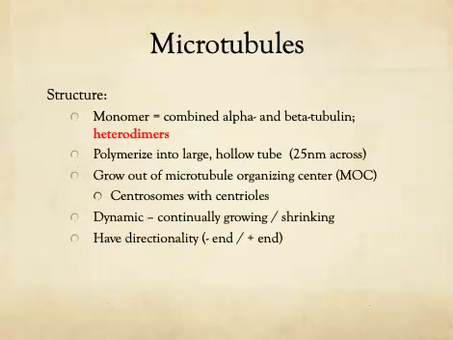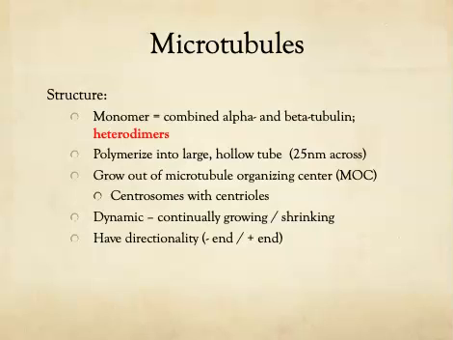Microtubules, as the name suggests, are actually tubes, hollow tubes, and they are made out of a repeating subunit called a heterodimer. Now remember, a dimer is simply a molecule that's made out of two subunit molecules that have come together to work as one.